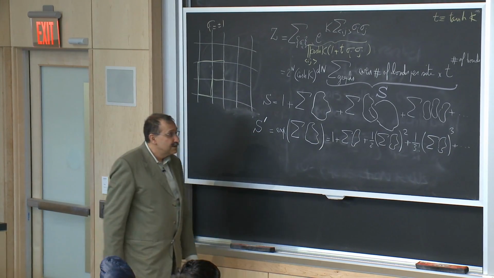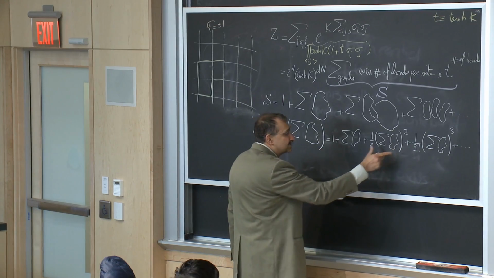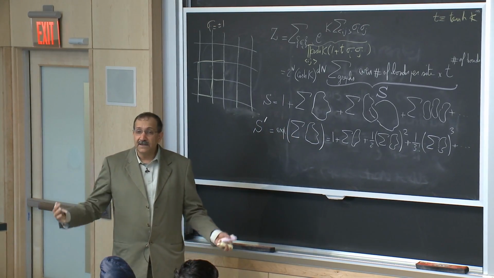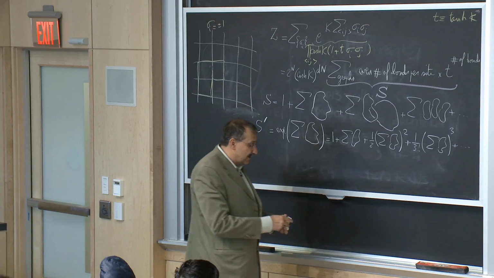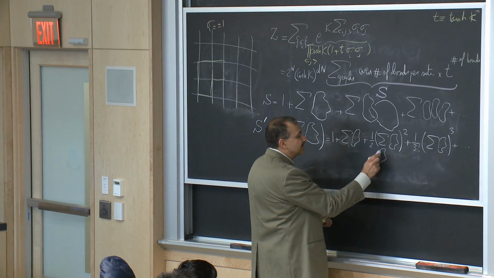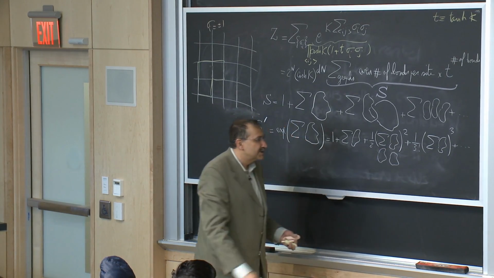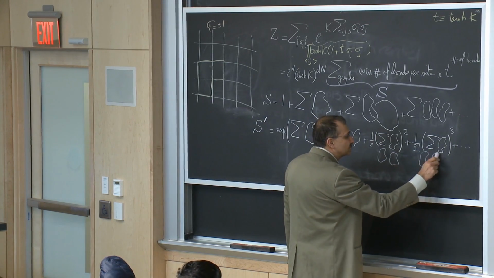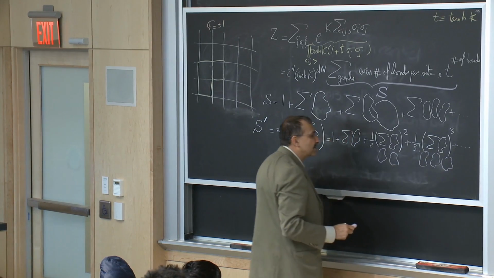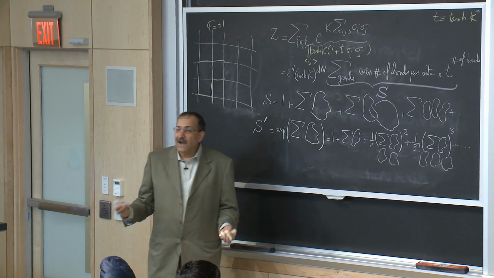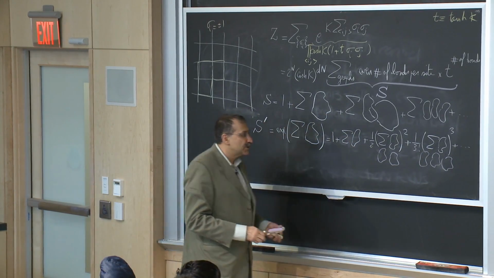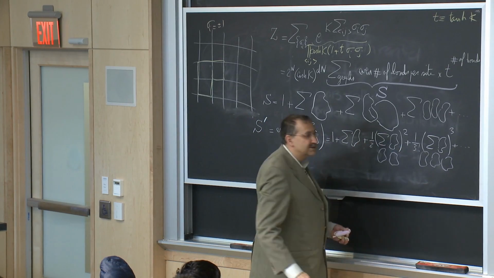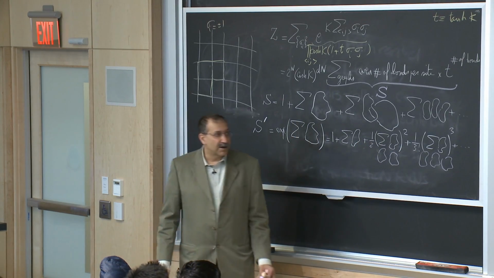If I were to expand this thing that is something squared, I will certainly get terms in it that correspond to 2 of the terms in the sum. Here I would get things that correspond to 3 of the terms in the sum. And the combinatorial factors would certainly work out to get rid of the 2 and the 6, et cetera.